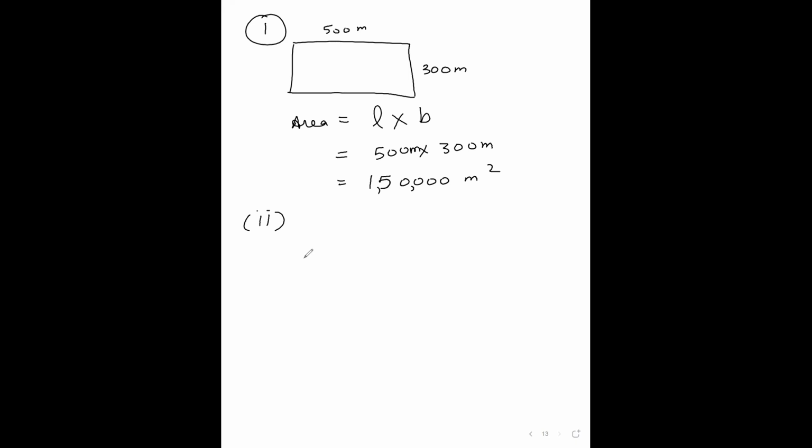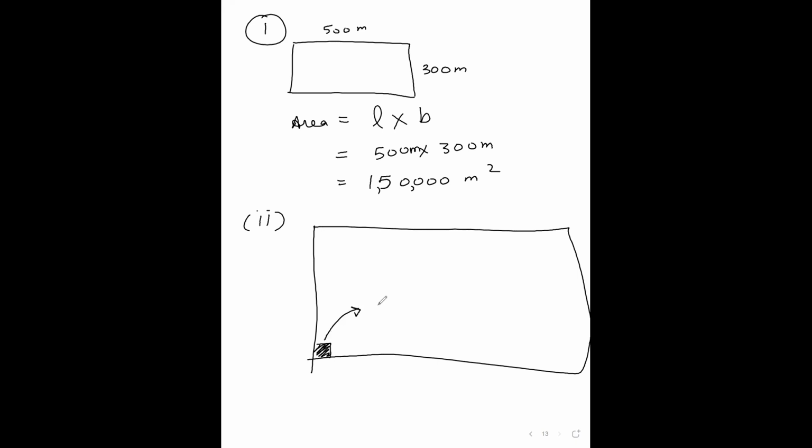What is 1 meter square? Let's say this is the entire piece of land. Then the cost of 1 meter square is rupees 10,000.